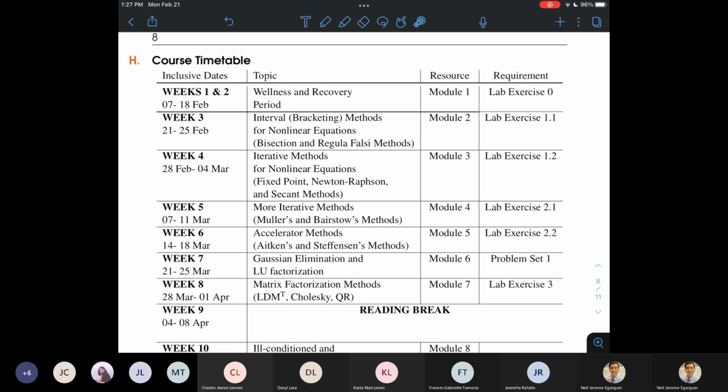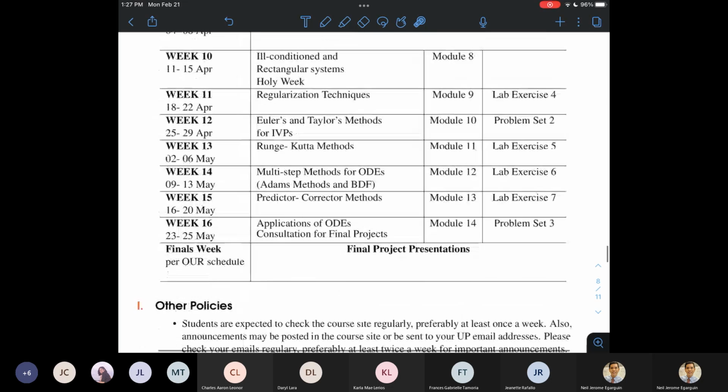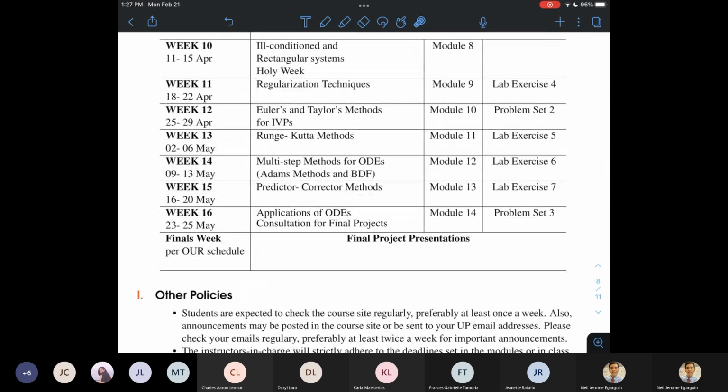However, I made this timetable before there was an announcement that the semester was extended. So May 25th will not be the last day of classes. There are 2 additional weeks added, so we will extend until early June. I'm still thinking whether to add a topic or just put those 2 weeks as our buffer period.